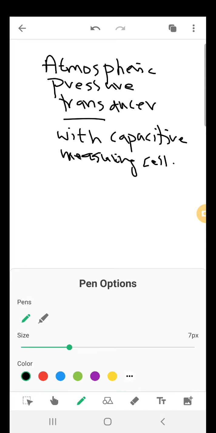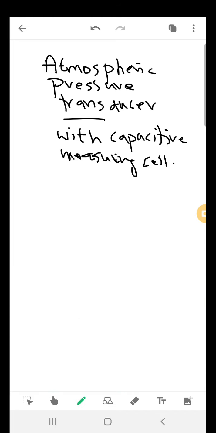Now this transducer measures atmospheric pressure, which we can understand from the name itself.